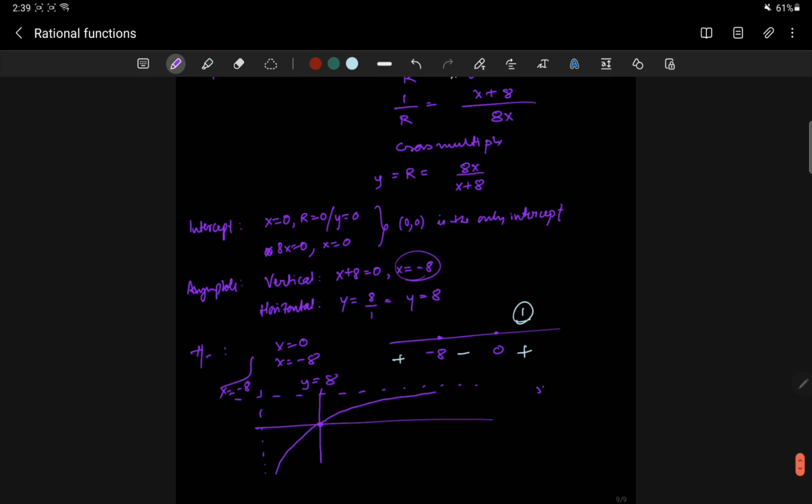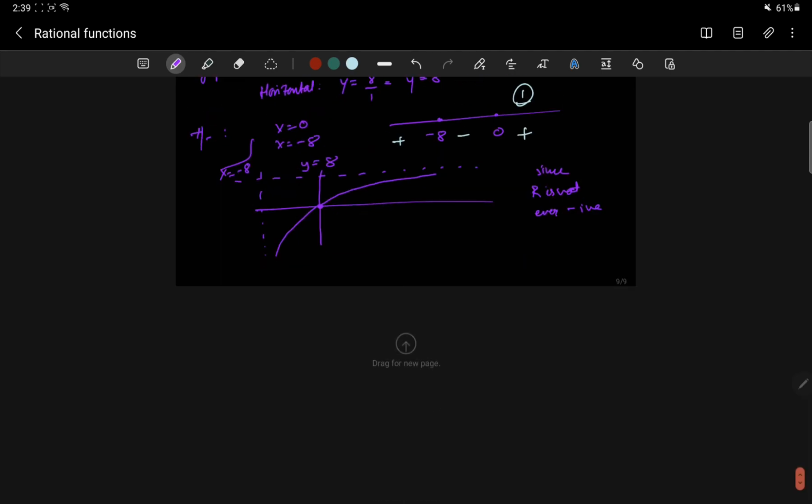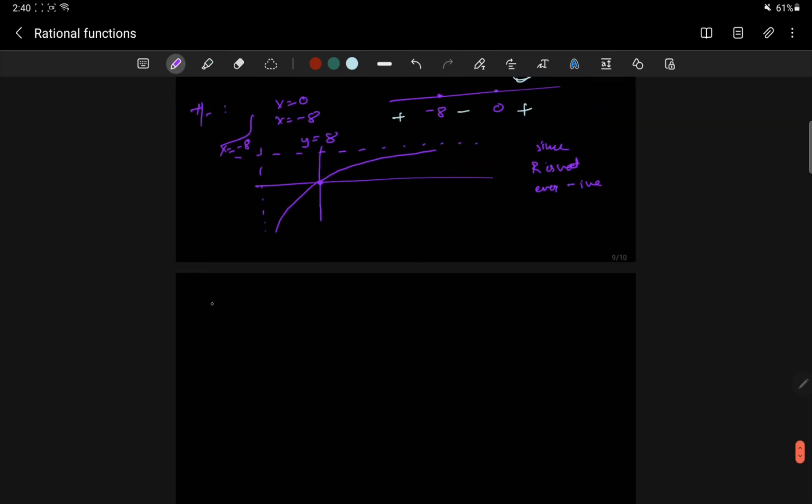Now, however, since your R is not ever negative, we just plot the positive part. So the positive part is that. That's y equals 8.